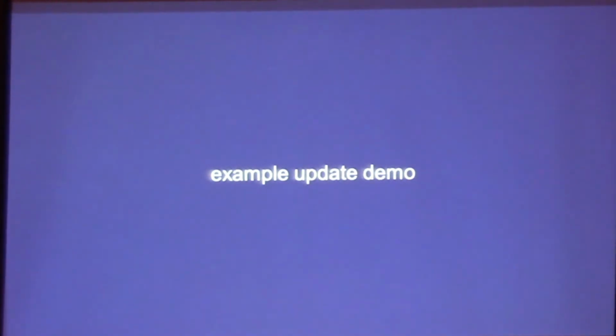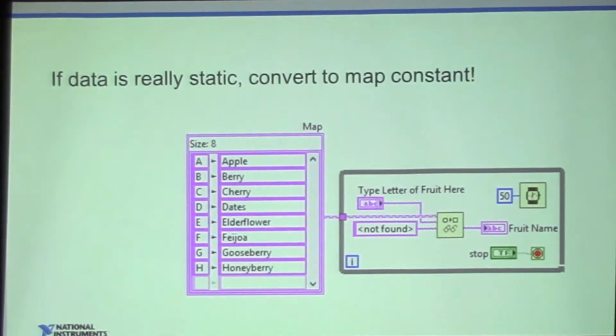And if the data is really static, you can even do the set directly, so you don't even need to insert it. The thing is, you cannot edit the set constant, but you can right-click, create an indicator when you create the first set, and then run it once, and then change that to a constant and tap it into the diagram.